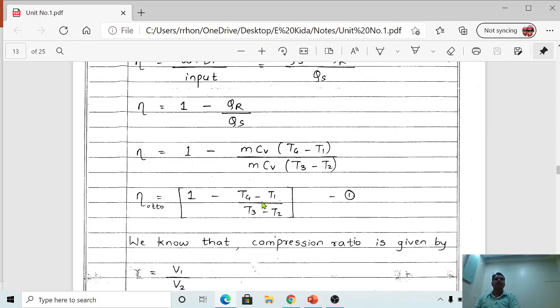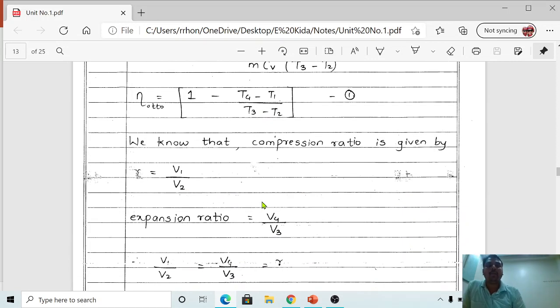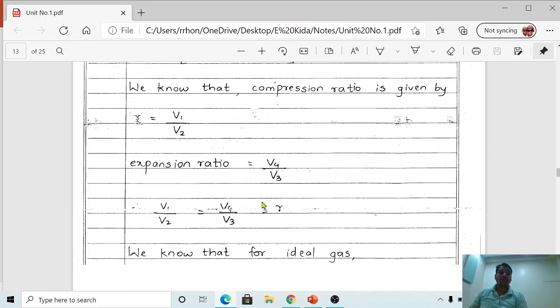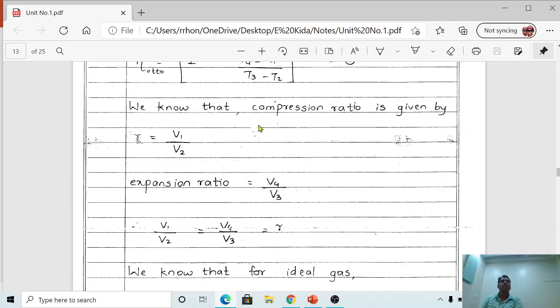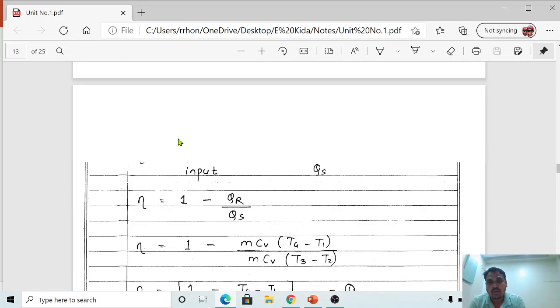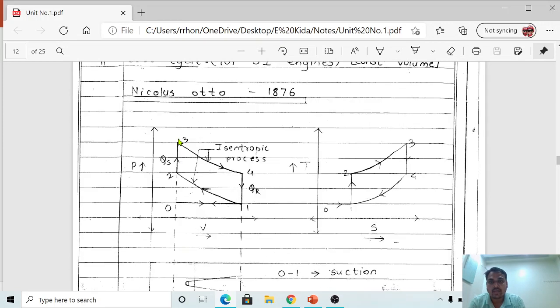Now, after further simplification, we will see. Now we know that we are assuming the compression ratio is nothing but small r. Letter small r represents the compression ratio, and this is equal to V1 by V2. Again, move to the diagram.